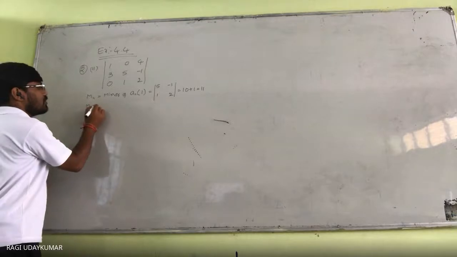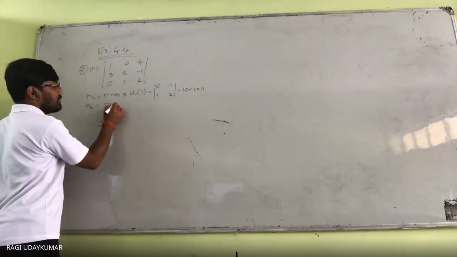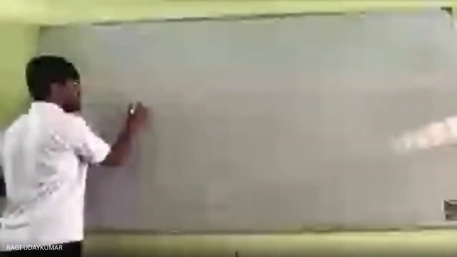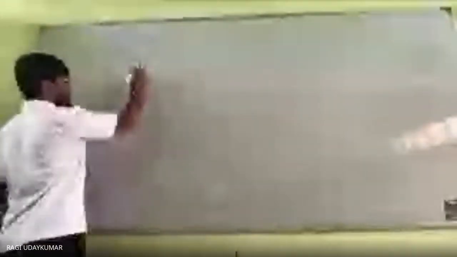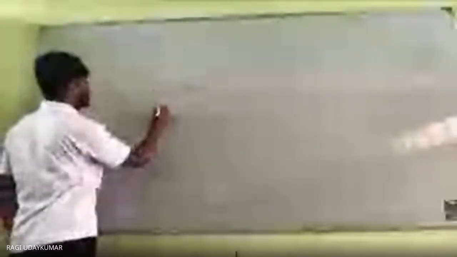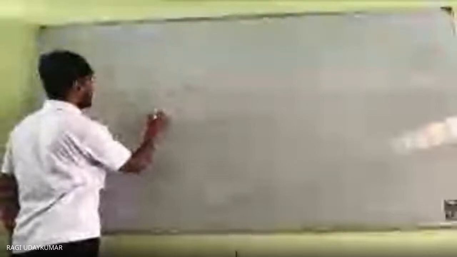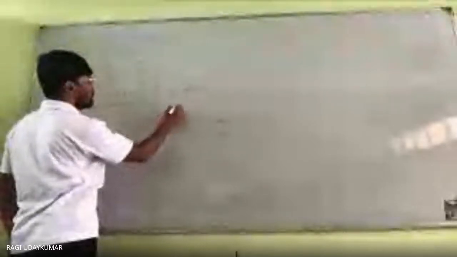M12 is the minor of A12. What is A12 here? First row, second column, 0. Imagine that this row and column are deleted.